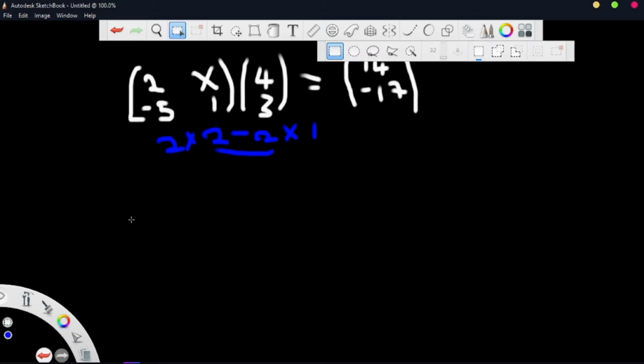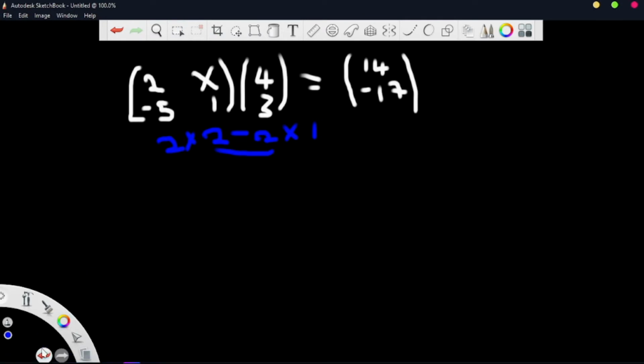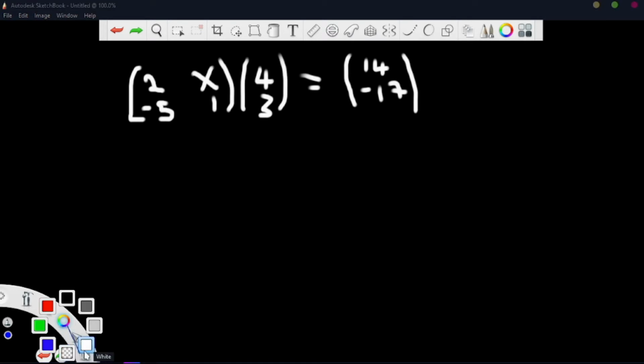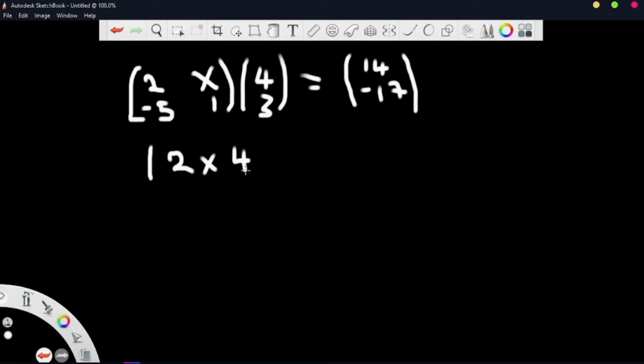So let's see how we can go about solving that one. Notice, if I multiply this by that, my answer will be 14. So I'm simply going to say 2 times 4. Then all this is being added to x times 3.